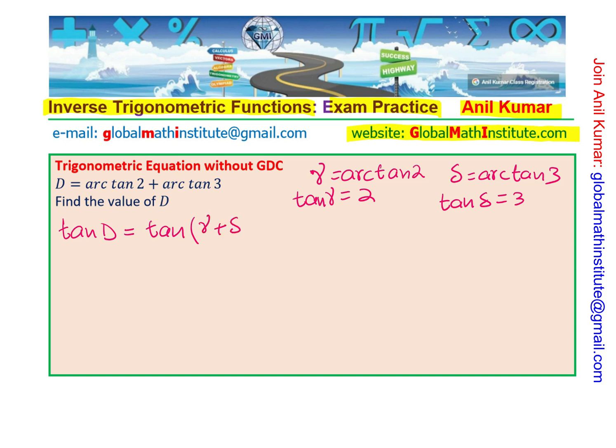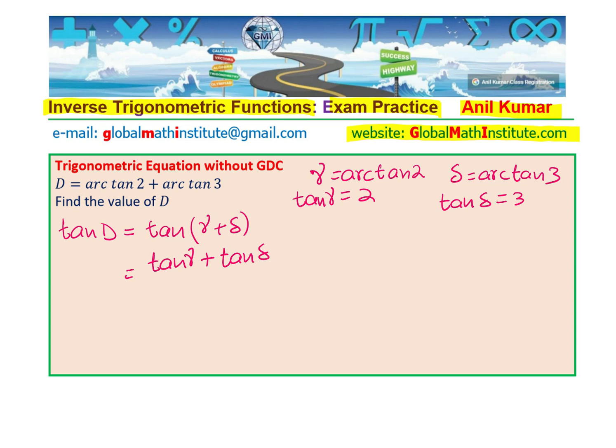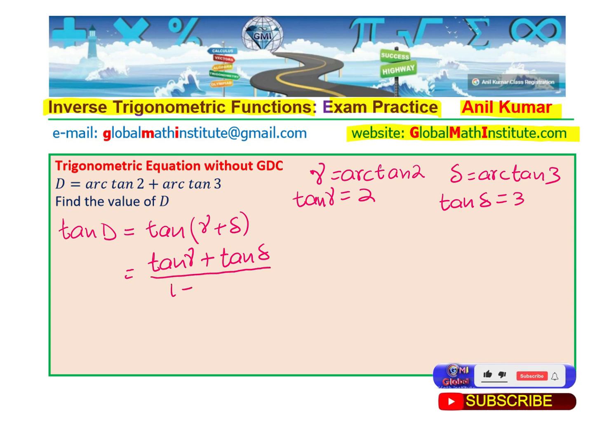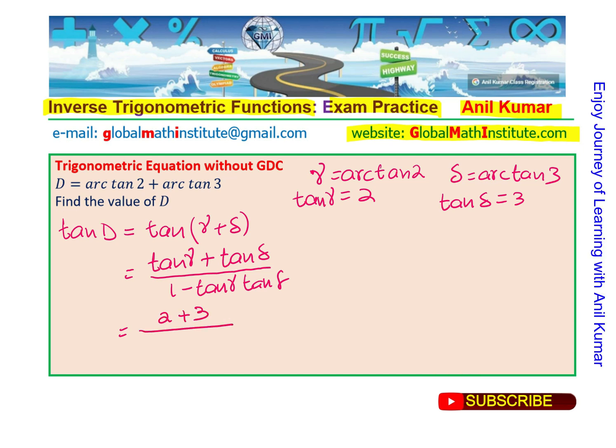Applying the formula, tan gamma plus tan delta over 1 minus tan gamma tan delta, we have 2 plus 3 over 1 minus 2 times 3, which is 5 over 1 minus 6, which is again minus 1.